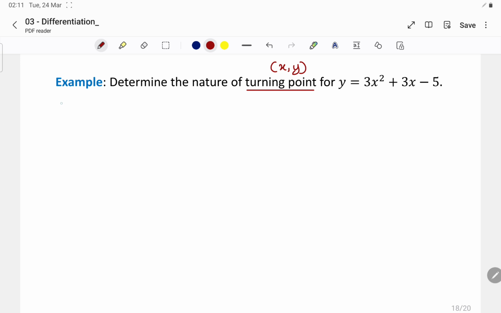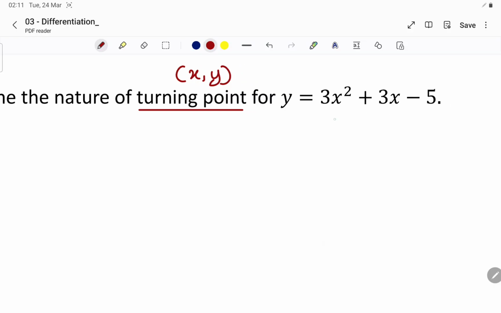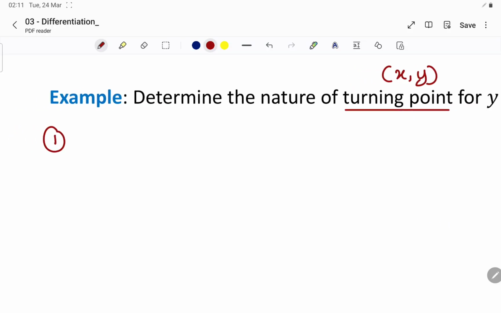The first step: you have y equal to 3x squared plus 3x minus 5. You have to differentiate one time first.